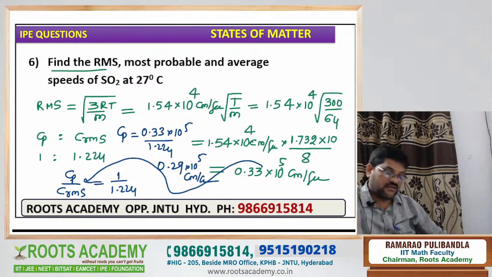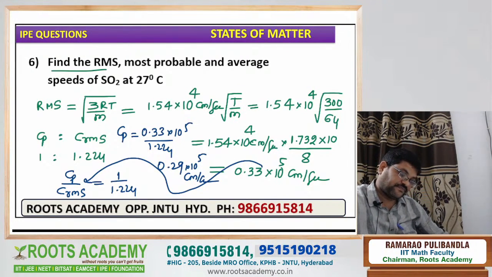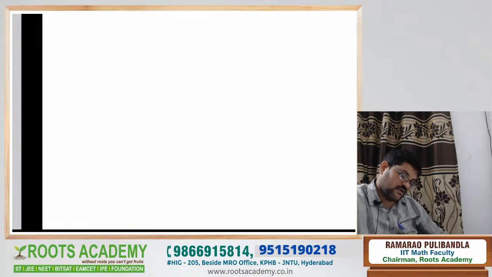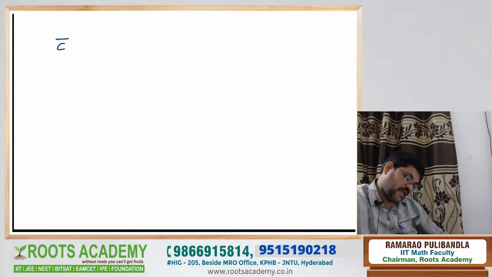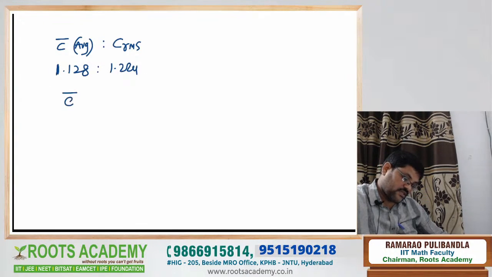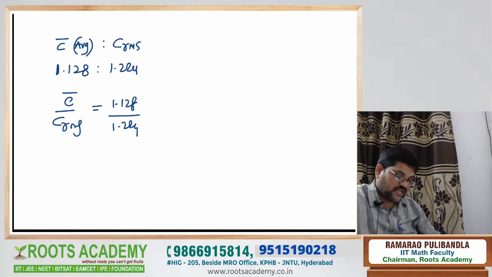Simple logic. And the last one. Now see, C average, the average velocity, is to C RMS as 1.128 is to 1.224. So C bar by C RMS is equal to 1.128 by 1.224. The C RMS given is 0.33 into 10 power 5.